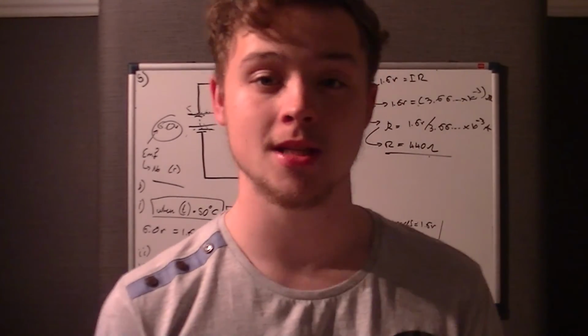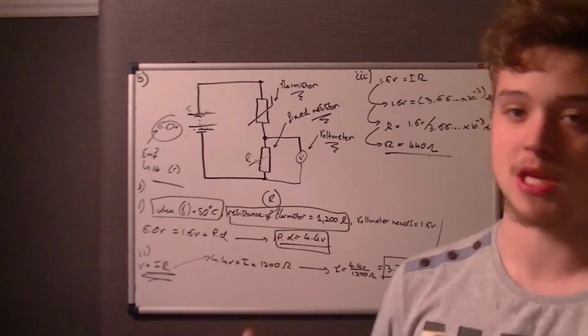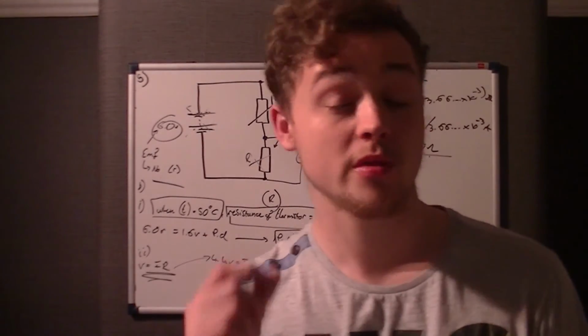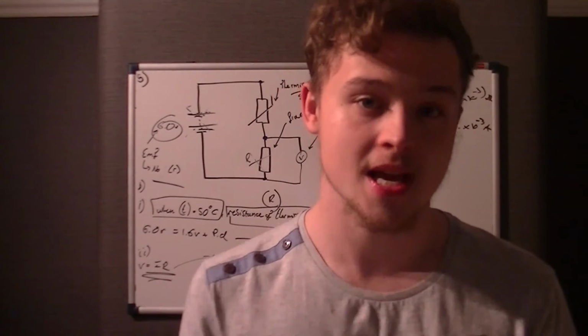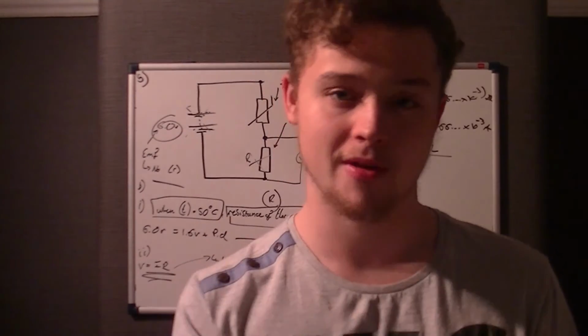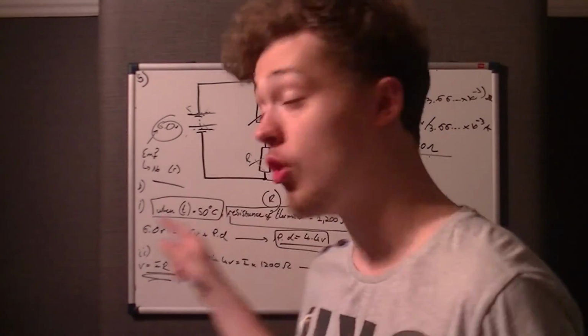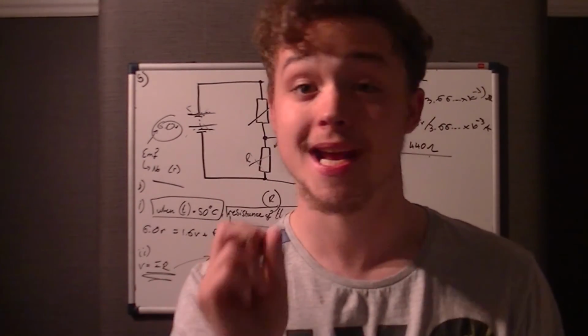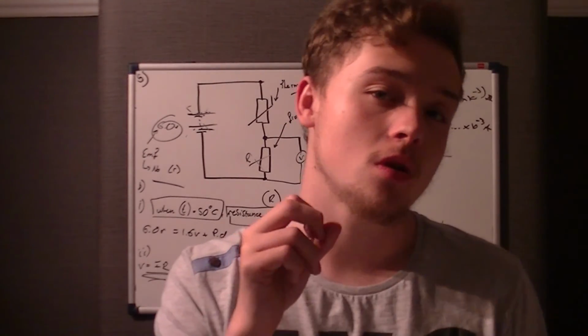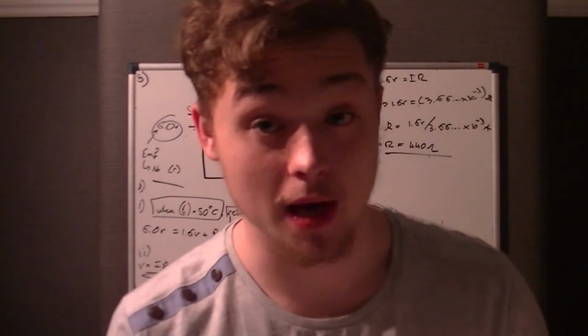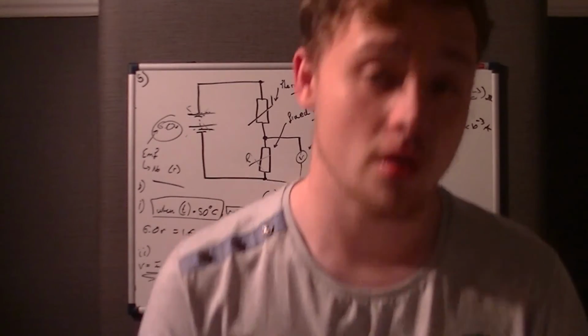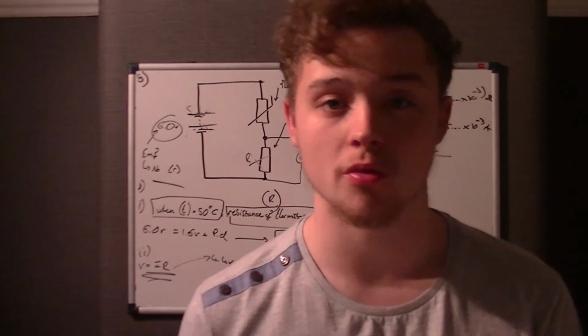And if current decreases, the value of the fixed resistor stays the same. So as V equals IR, the potential difference equals the lower current times the same value of resistance for that fixed resistor, because it is fixed. Therefore, basic maths dictates that the reading on the voltmeter should fall.